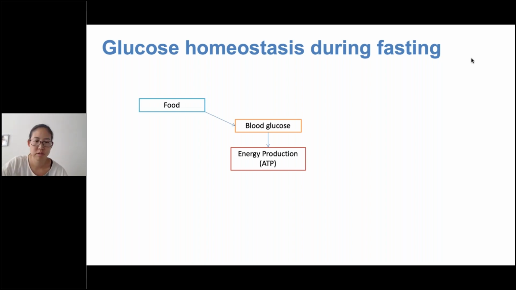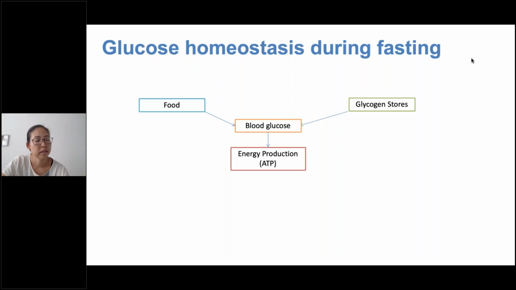So yes, number one, the food we eat helps maintain your blood glucose levels, and it helps produce ATP or energy. Another source is through glycogen stores, mainly in your liver. If you're not eating, your body decides, okay, I need to find some other sugar.